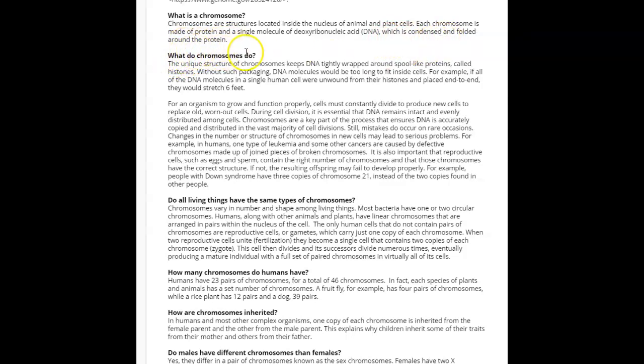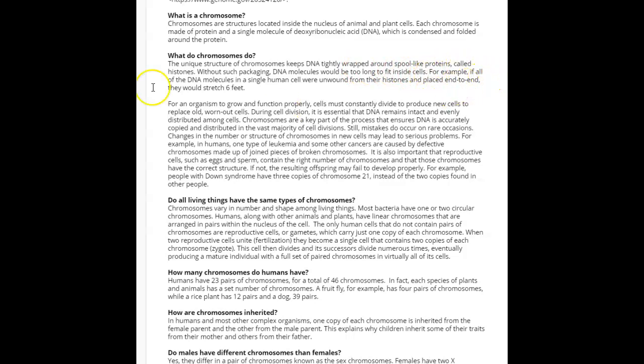What do chromosomes do? The unique structure of chromosomes keep DNA tightly wrapped around spool-like proteins called histones. Without such packaging, DNA molecules would be too long to fit inside cells.